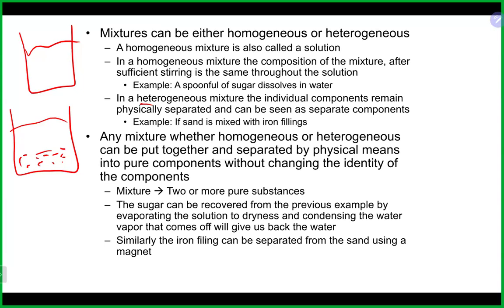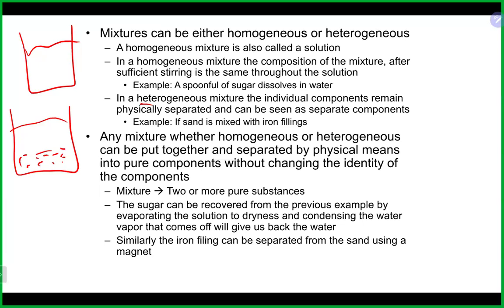Same thing if you took some metal pieces and put them in the water, as long as it's not reactive with water. Or maybe a better example: if you put some metal in sand, you'd still be able to see the metal pieces. So a heterogeneous mixture is the idea that we still see different layers, regardless of how much mixing goes on. In a homogeneous mixture, we see everything looking as one layer.